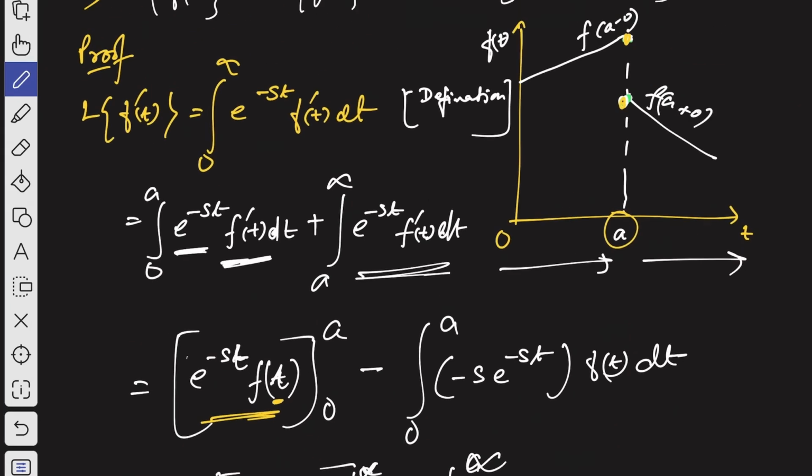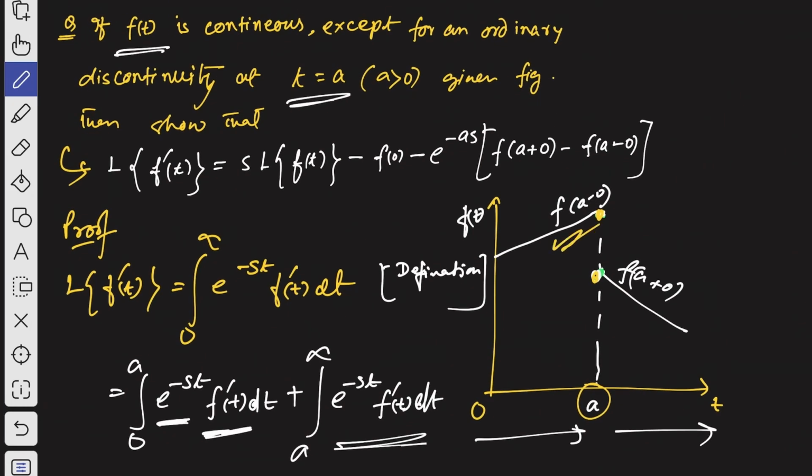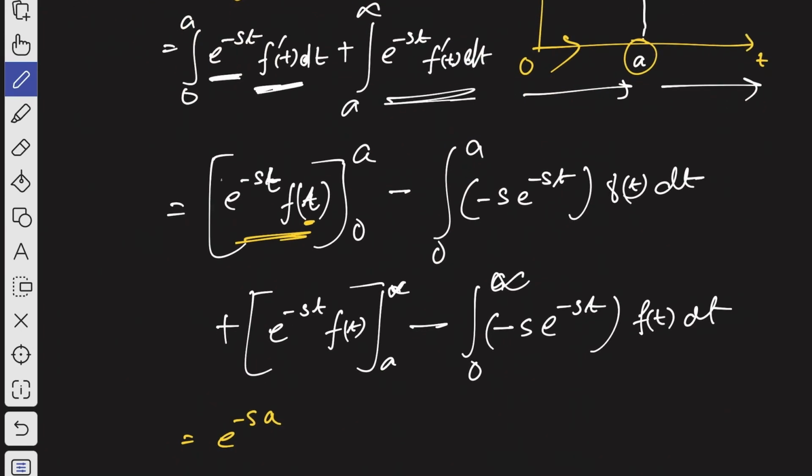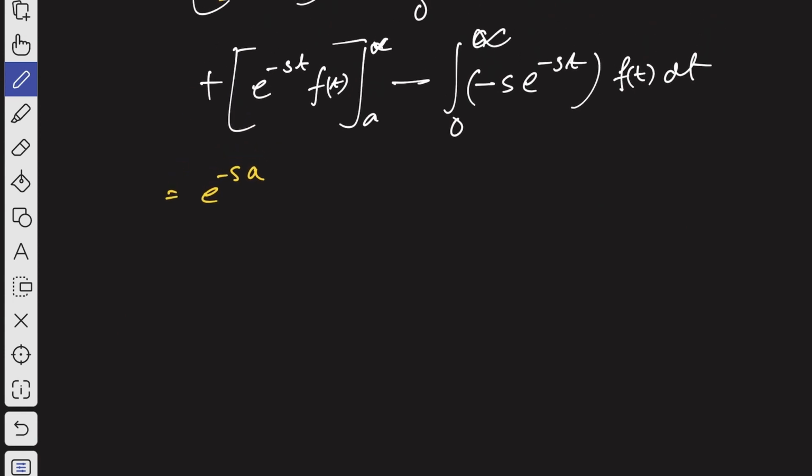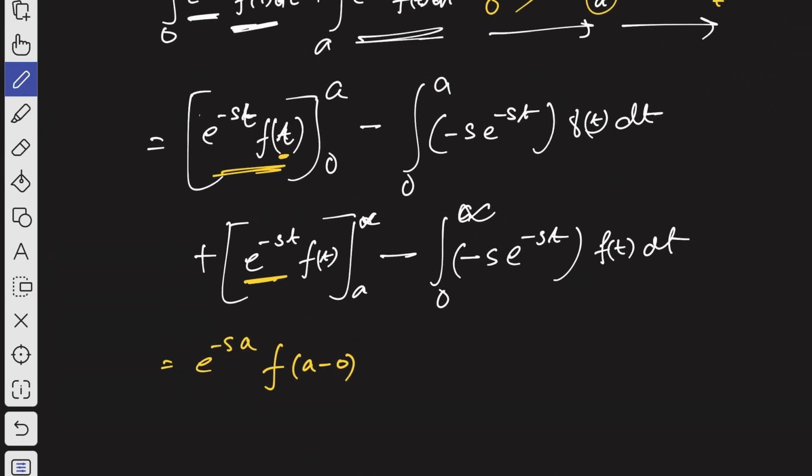If you put here a, then from the diagram, while you are going 0 to a, it should be f of a minus 0 at a, right? It should be f of a minus 0 at a. Then when you put 0, e to the power minus st will be 1, and f of 0 we will get f of 0, right?